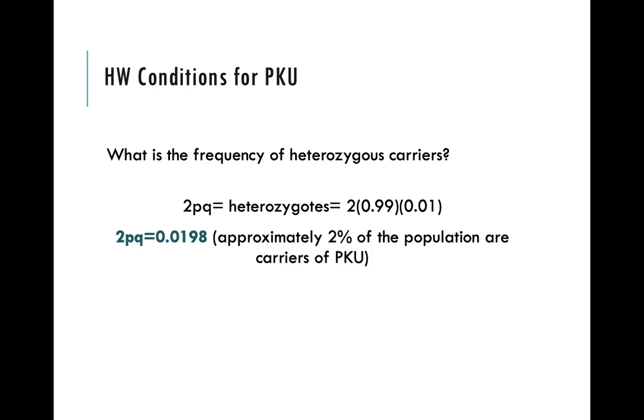Remember that the genotype frequency of heterozygotes is equal to 2pq, so we just plug it in and calculate it. 2 times the frequency of p, which is 0.99, times the frequency of q, which is 0.01, means that the frequency of heterozygotes in a population, or the number of carriers for this disorder, is 0.0198, or roughly 2% of the population in this situation are carriers.